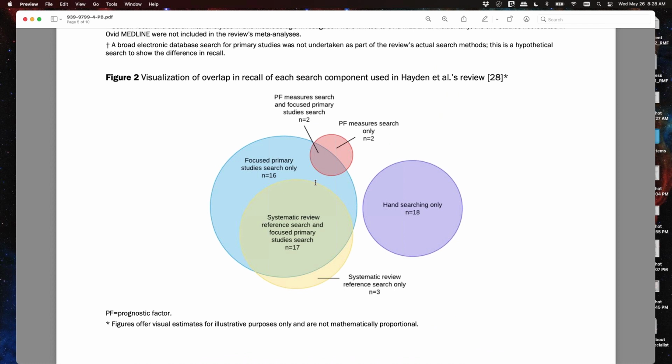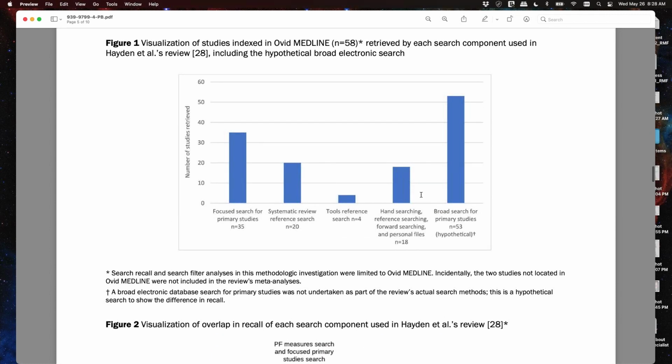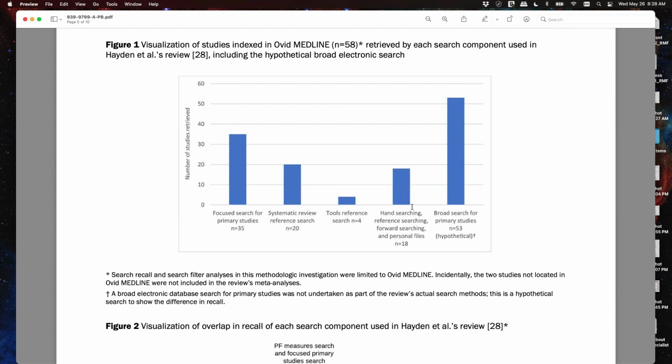So basically, they found that the focused primary study search, or sorry, I might go back to figure 1, because for understanding the paper, it's again very interesting to see what different types of methods they established. So we already talked about the focused search for primary studies and the broad search for primary studies.